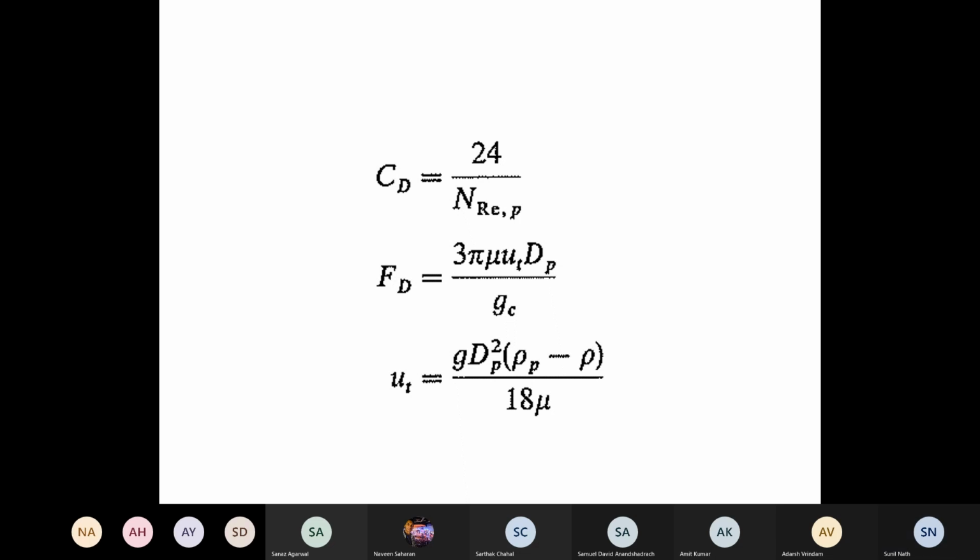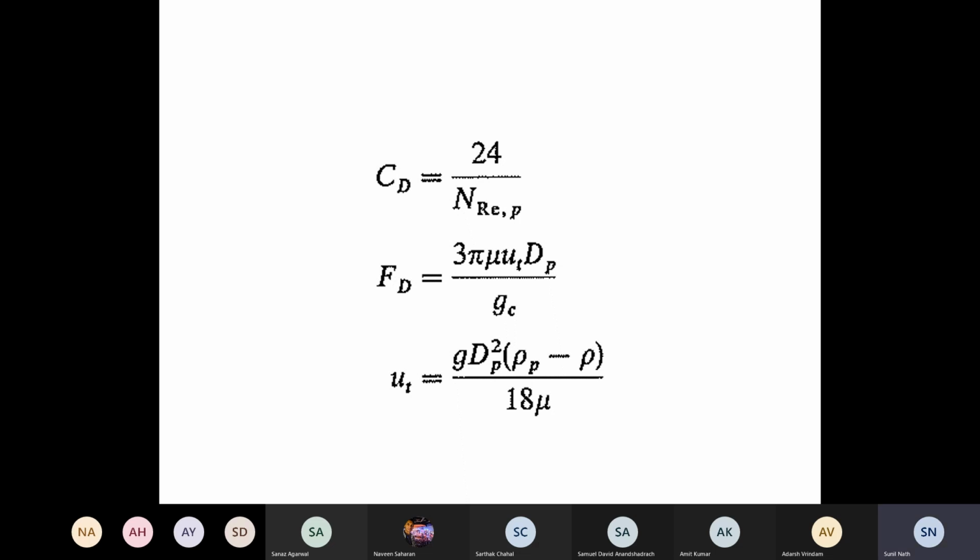Second, find the maximum error that you would obtain if you were to idealize everything at the extremity of RE 1 by this simple equation that is given there, CD is 24 by RE, and compare that with what is actually found experimentally, which I told you last class, or what you would find from the general equation.